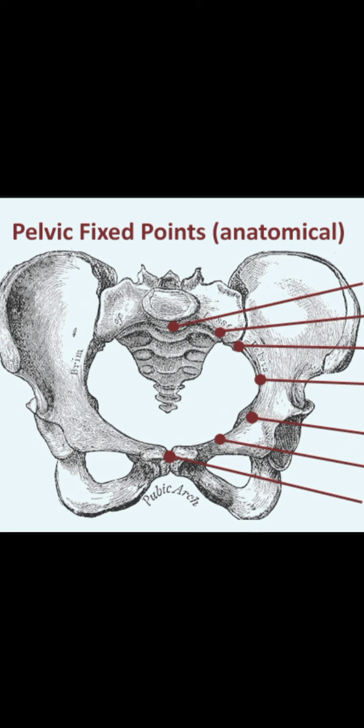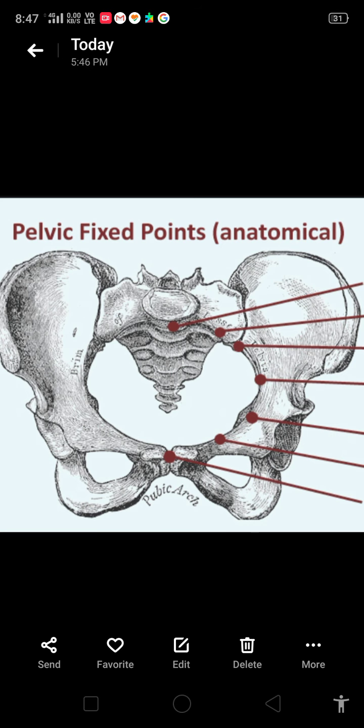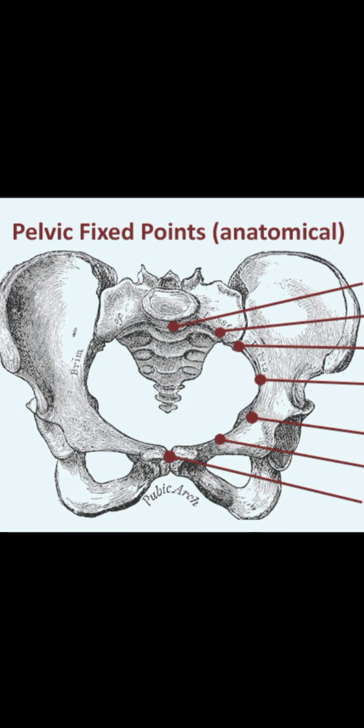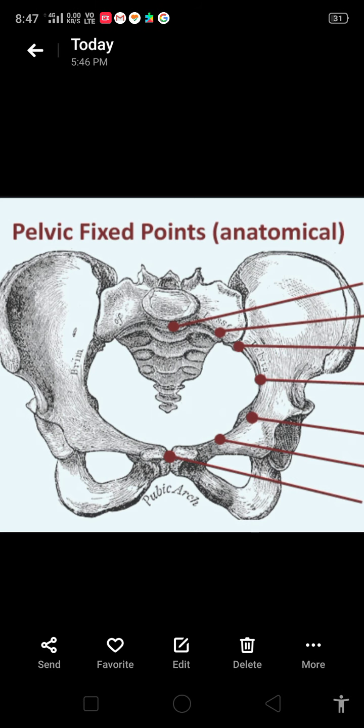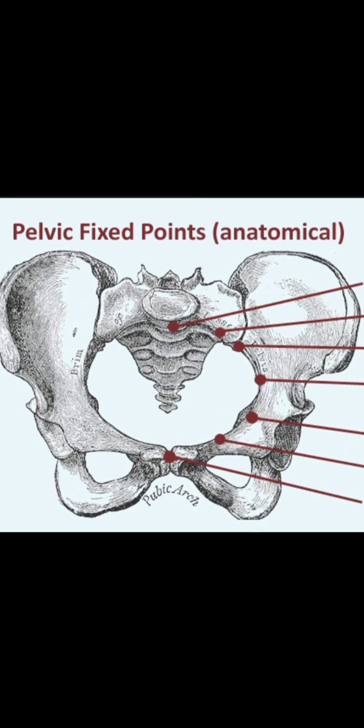The pelvic brim or inlet is formed by the sacrum posteriorly, the iliac bones laterally, and the pubic bone anteriorly. So sacrum posteriorly, pubic bone anteriorly, and iliac bones on the sides.